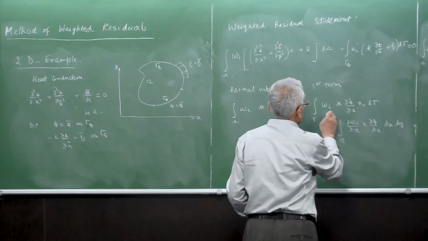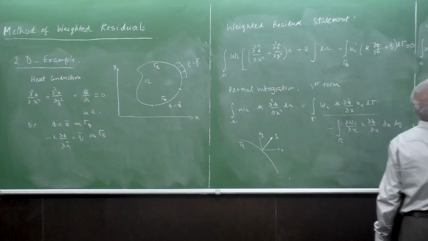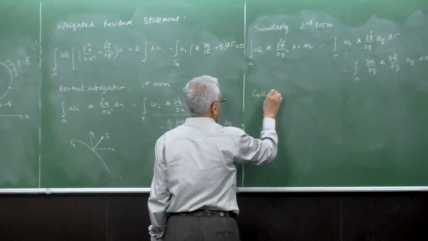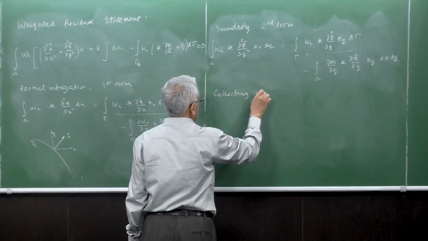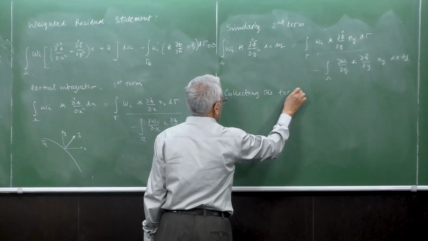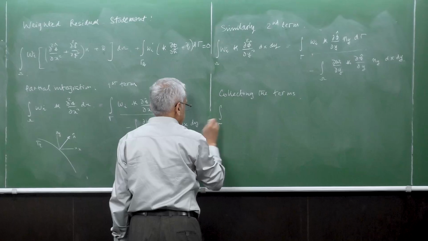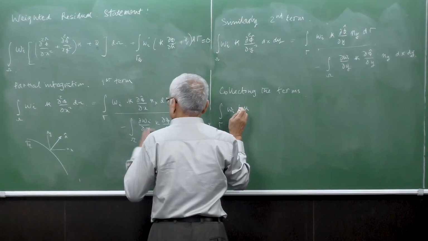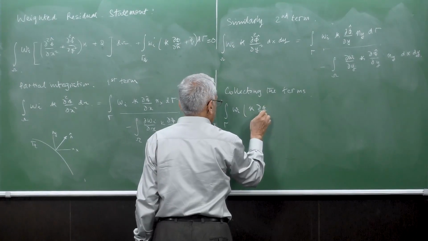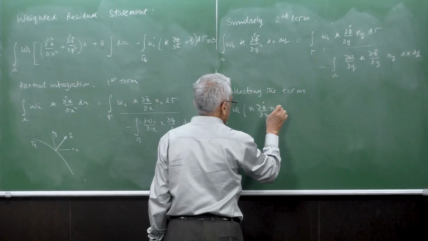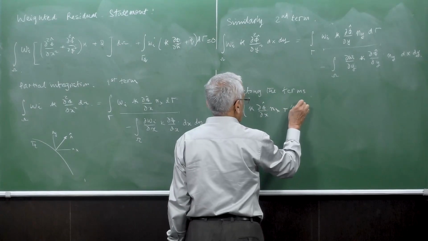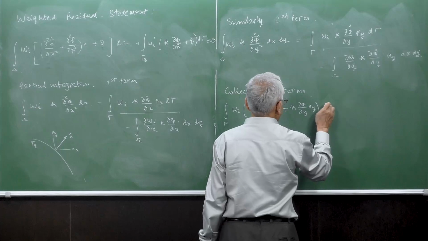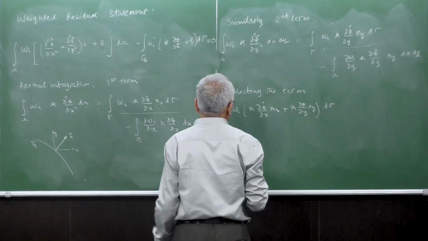So what we have here is an integral on Γ. We take Wi out, and we have k ∂φ/∂x nx plus k ∂φ/∂y ny on Γ. These are the 2 terms.